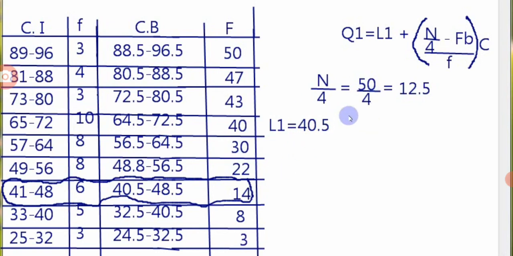So the next thing we will compute is the FB. And this FB is the cumulative frequency before the class group, before the quartile group. And this is 8. So our FB is equal to 8.